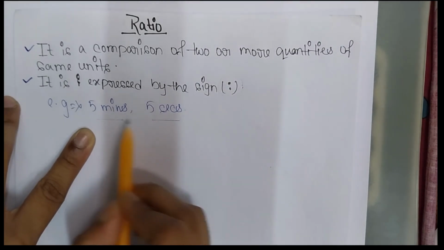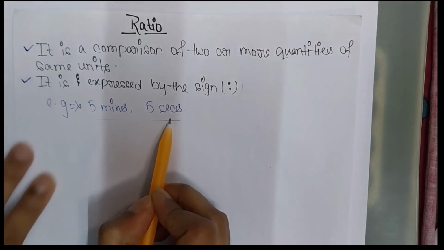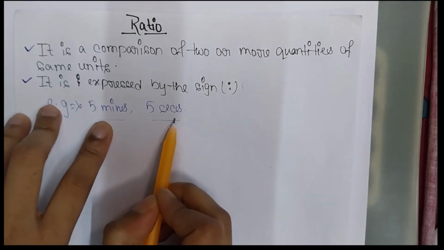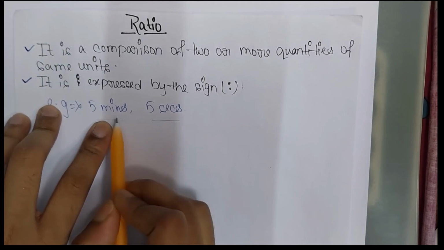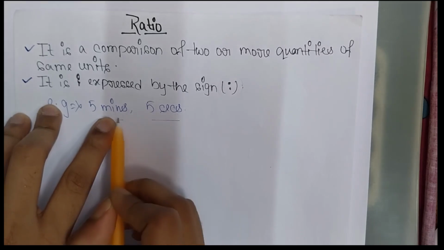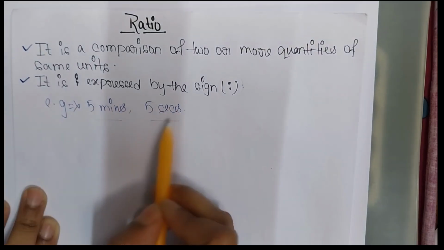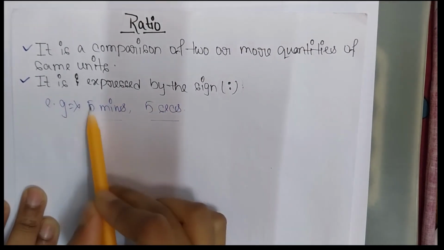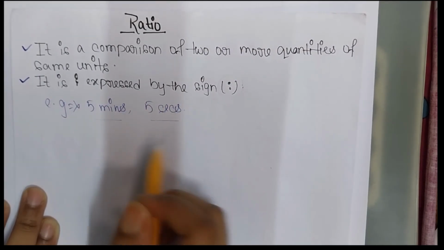One is minutes and the second one is seconds. So in this case, we have to convert minutes into seconds or seconds into minutes to find the ratio of the quantities with the same units.